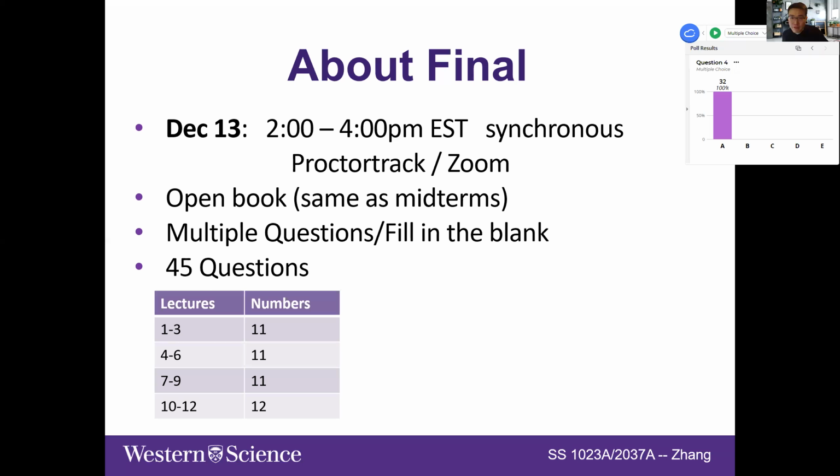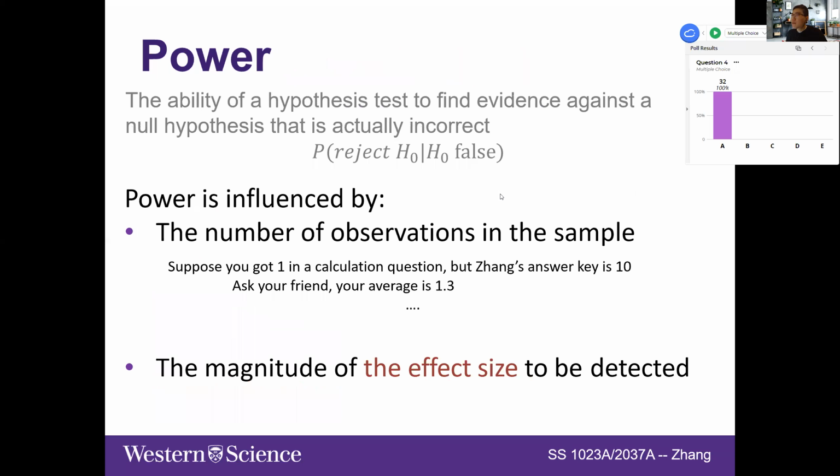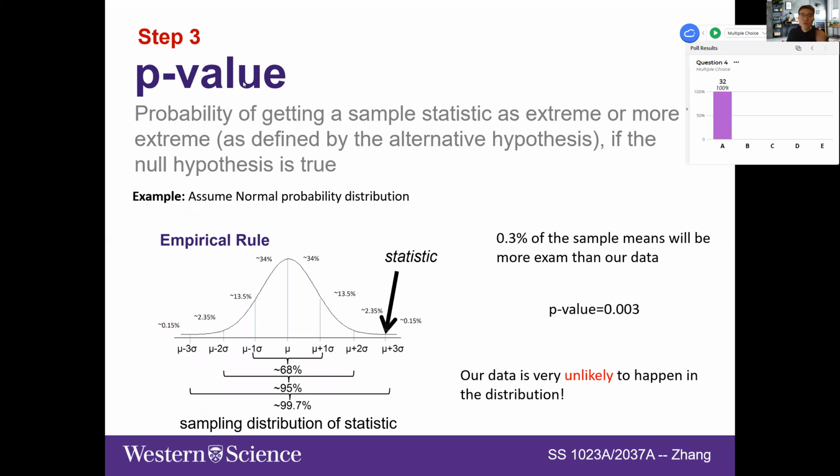Any other question about the final? Okay, there's a question: could you go over again why the p-value equals that number? It's asking about step 3 of our calculation of the p-value. To calculate the p-value, you need to know what the p-value is referring to.